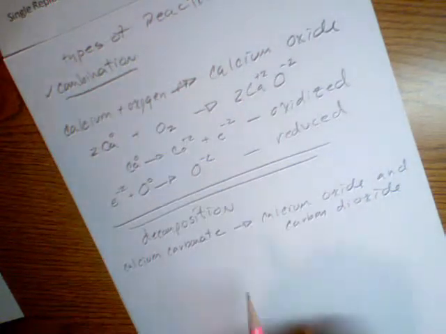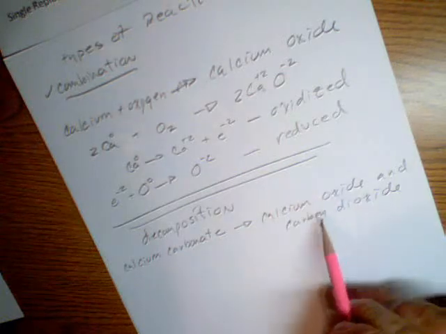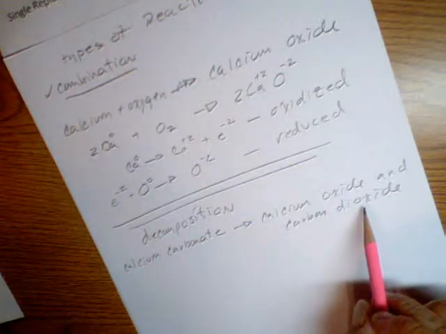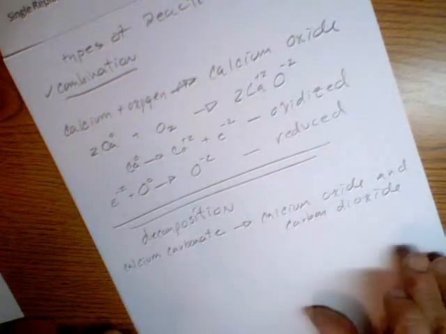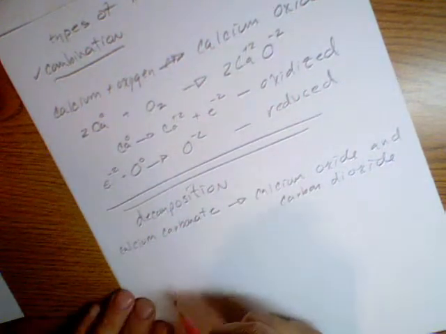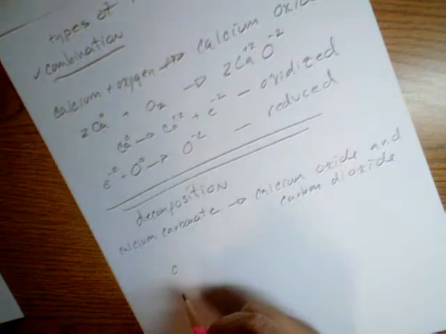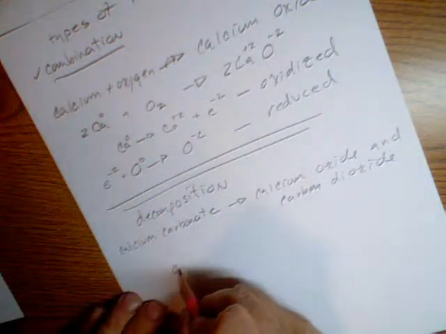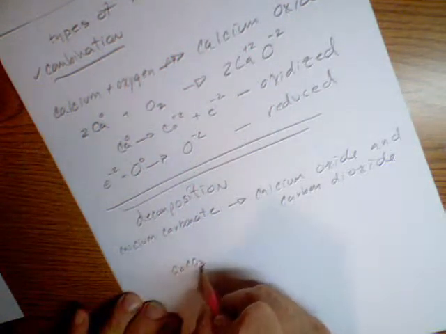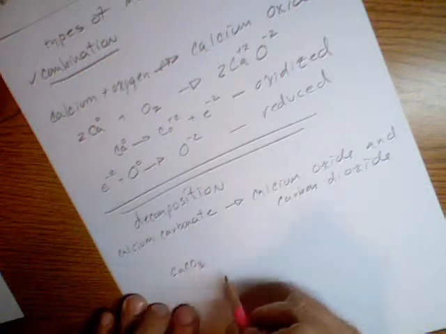Right, calcium carbonate will break down into calcium oxide and carbon dioxide. You see this, and you'll have your periodic table handy, and you'll also have your list of polyatomic ions to find the carbonate, and so you'll write CaCO3 because you looked this up in your polyatomic ion list.